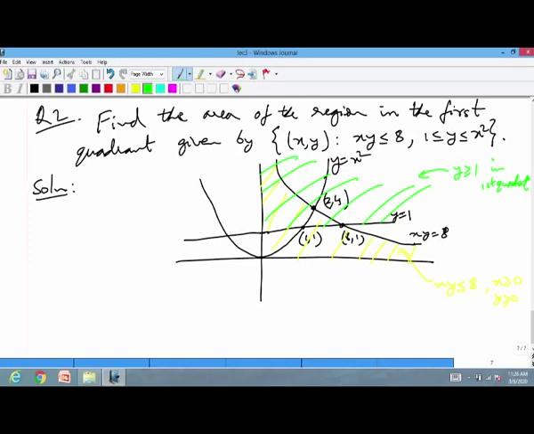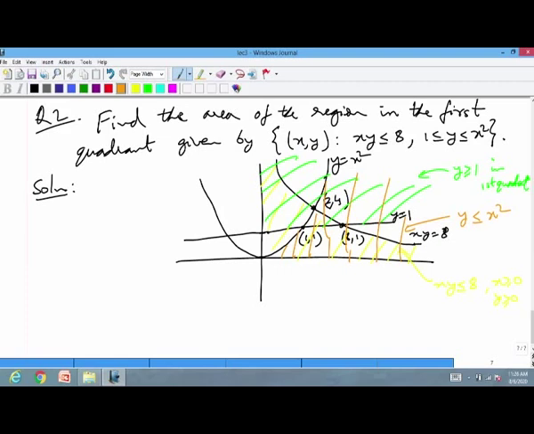And the region y is less than equal to x square is this region in orange, because this is below the curve y equal to x square.